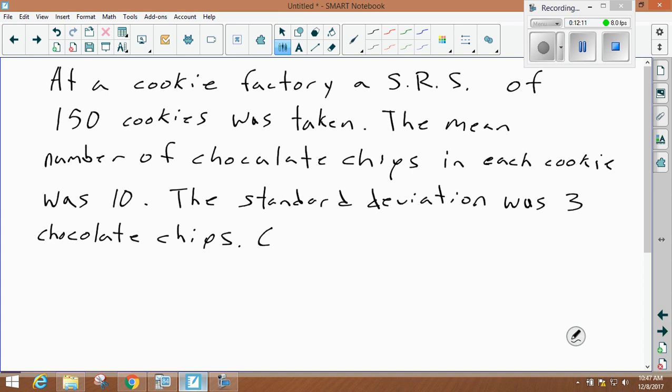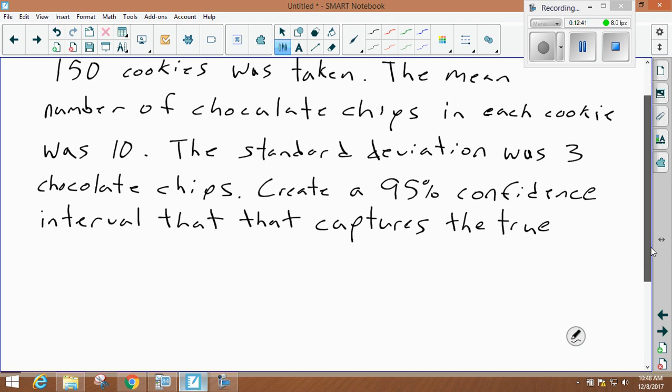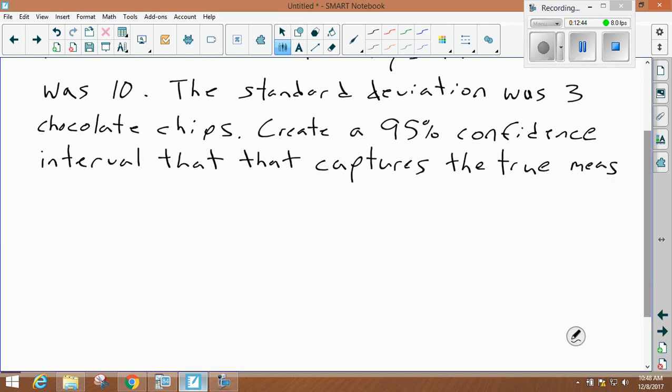So let's go ahead and create a 95% confidence interval that captures the true mean number of chocolate chips.